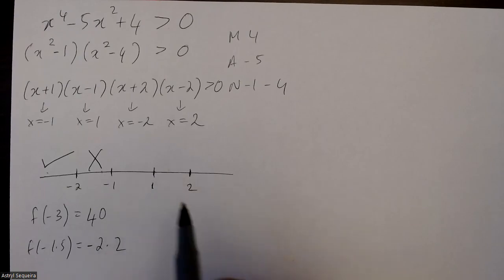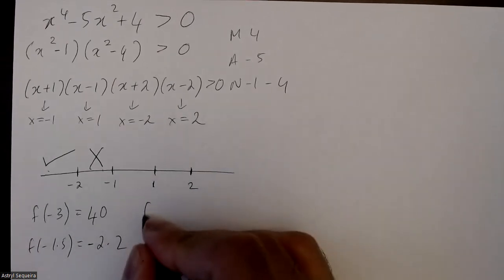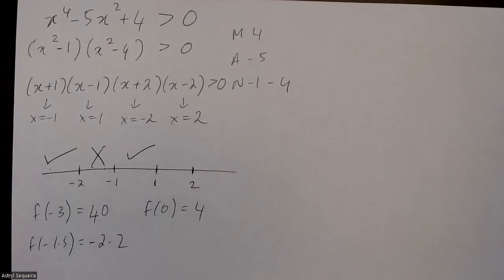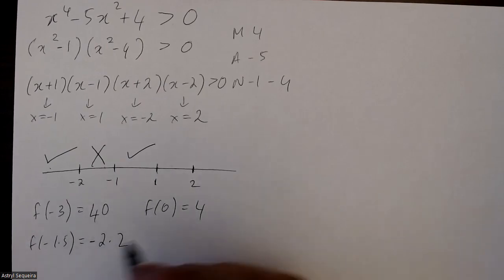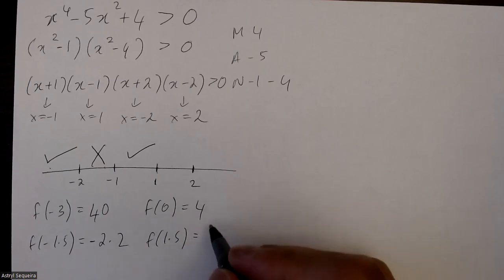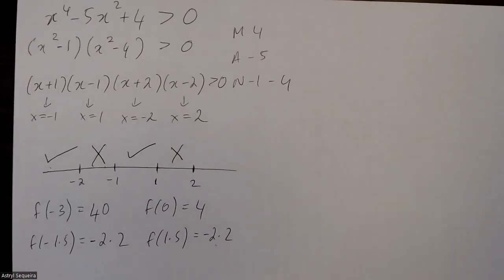Next, I'll sub in 0, and I get +4. So +4 is greater than 0, so this range is good. Next, I'll sub in +1.5. F of 1.5 is approximately -2.2 again. So this range is no good because that's not greater than 0.